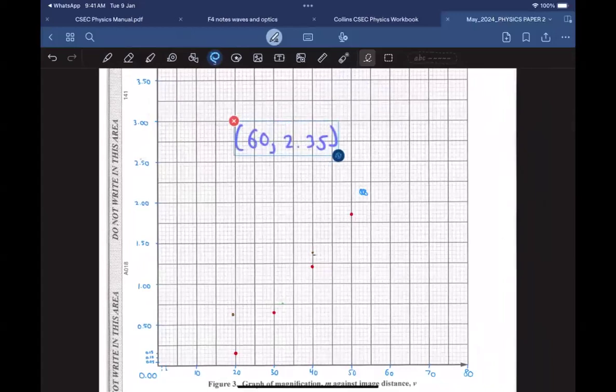See if you can figure out this one. You're so close.